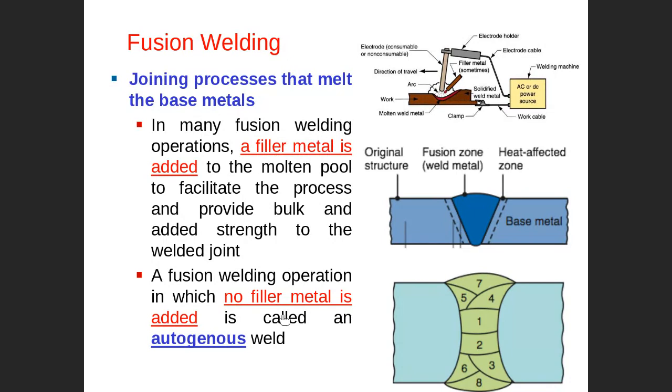I will describe these not common cases later, very few cases in fusion welding, where we don't add filler for some technical reason. When you find the word autogenous, it means fusion welding with no filler material.